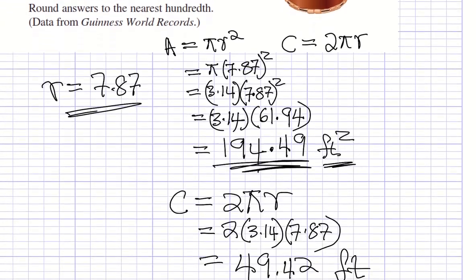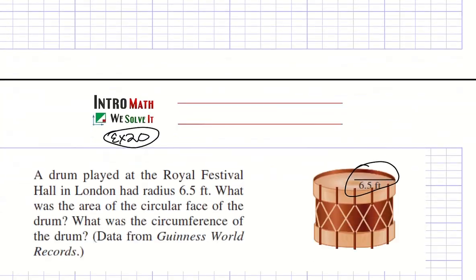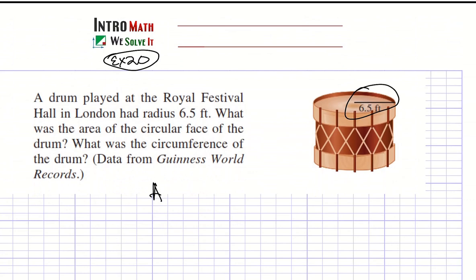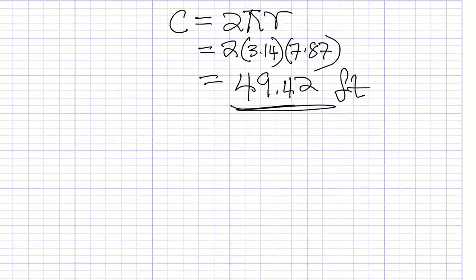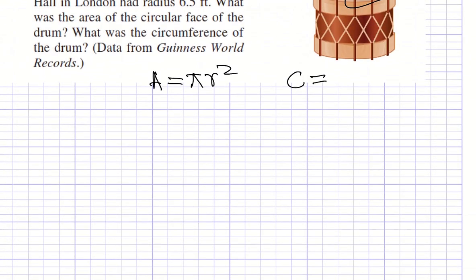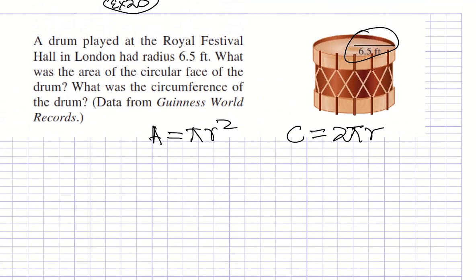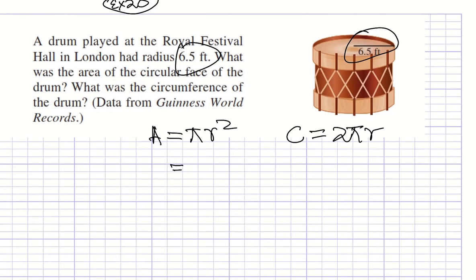Area is pi r squared, and circumference is 2 times pi r. That's all they're saying. The only variable changing there is the r.